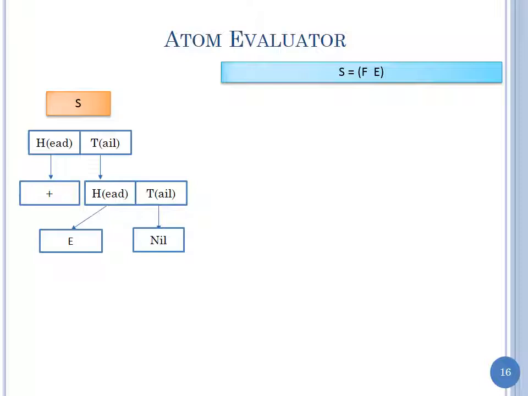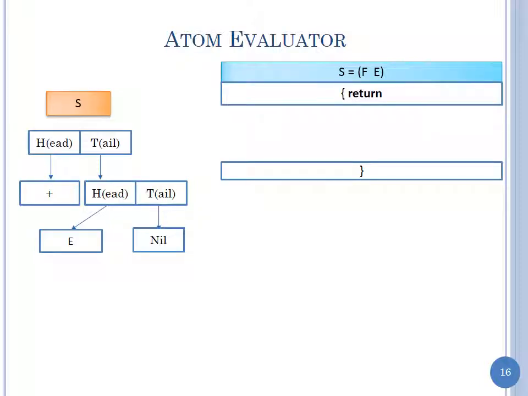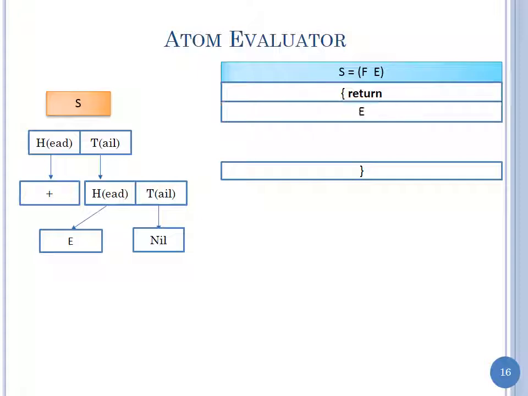Now we come to the easy ones. Atom evaluator. Okay, so again S is equal to F E. E we know is the head of the head object. And we can just do an is-atom. Should we do an eval of E before we check is-atom, or can we just do E dot is-atom?